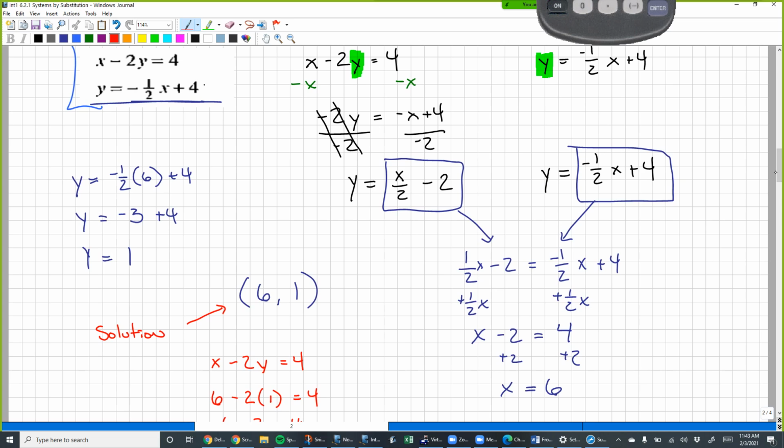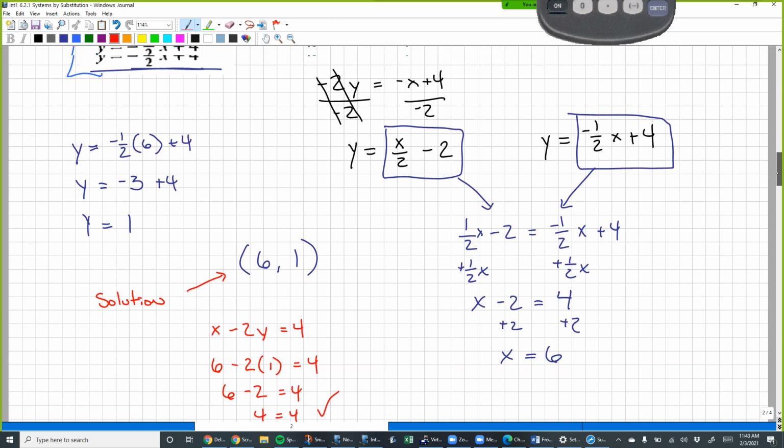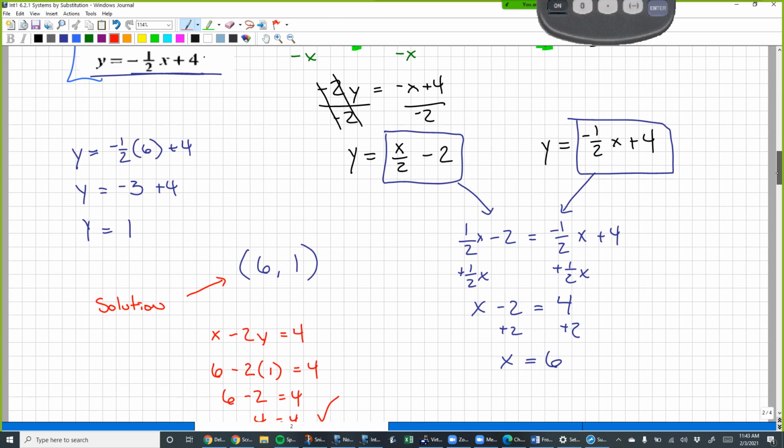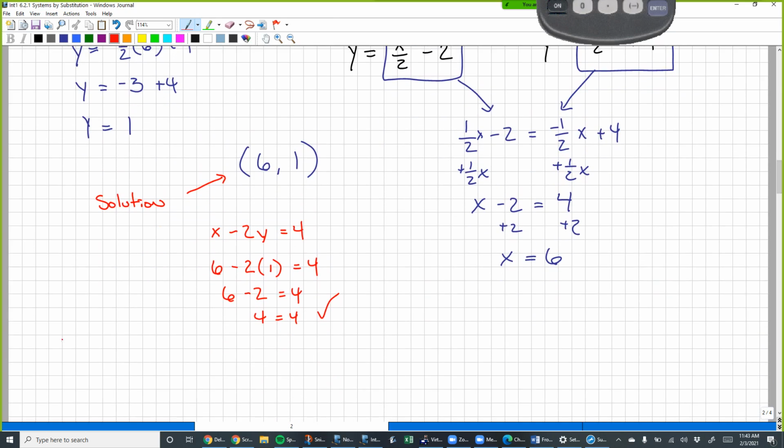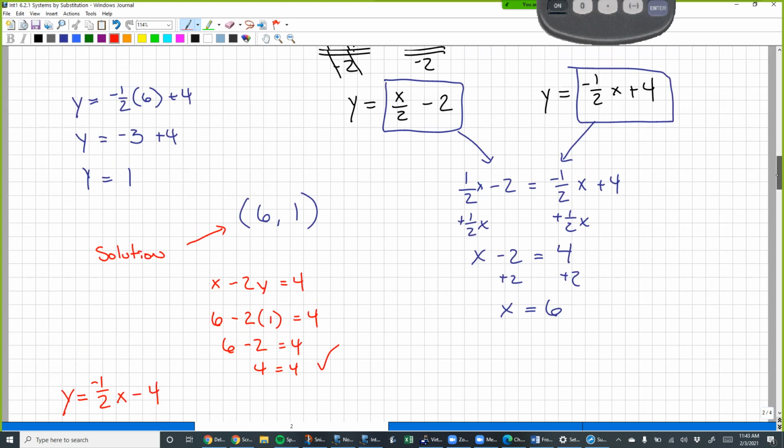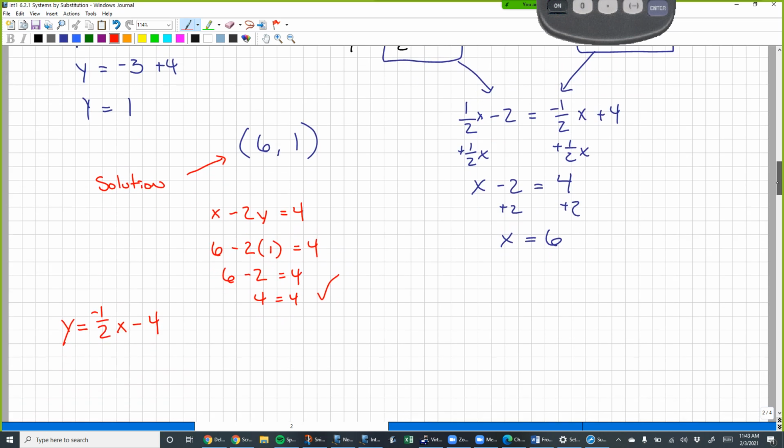Y is equal to, let's double check. We plug in, there it is. Y is equal to negative 1/2 x plus 4. Yep, negative 1/2 x plus 4.